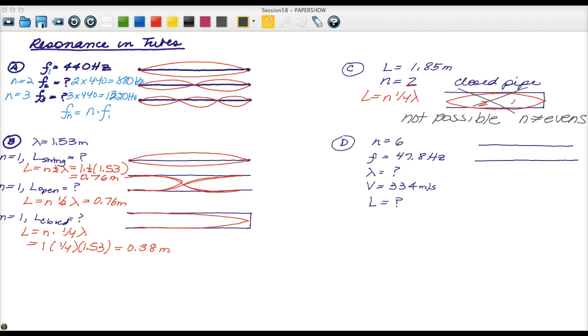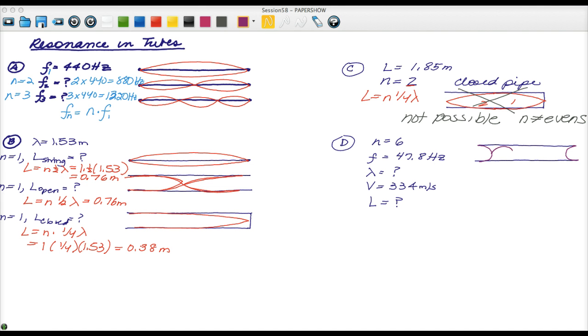And then the last example: a standing wave whose sixth harmonic has a frequency of 47.8 hertz is generated in an open pipe. What's the wavelength of the sound if the speed of sound is 334, and then what's the length of the pipe? So this is the sixth harmonic, and it's an open pipe, so you're going to have antinodes at the open ends.